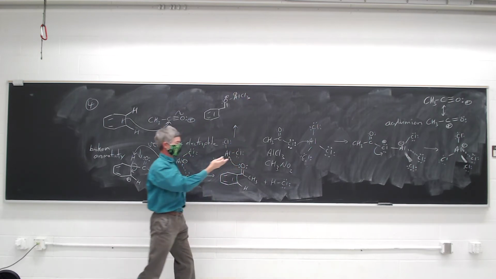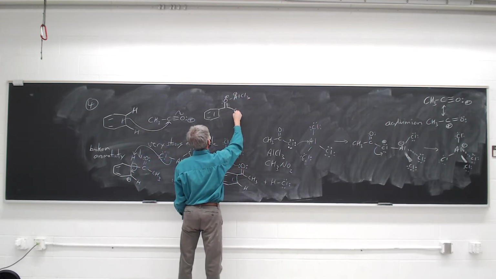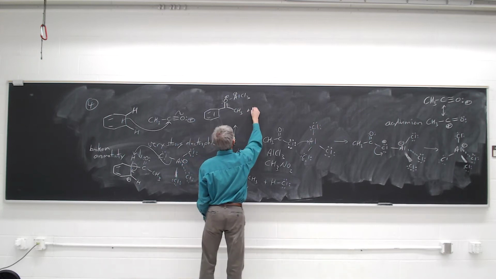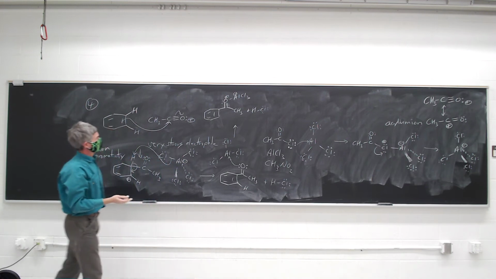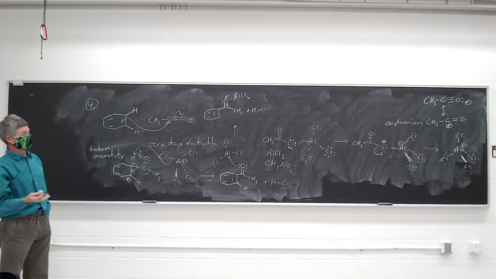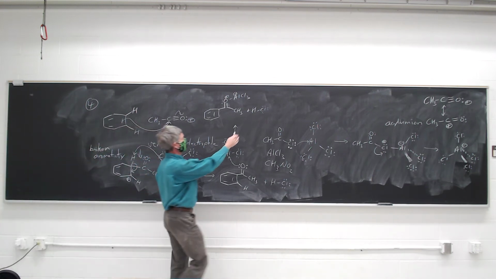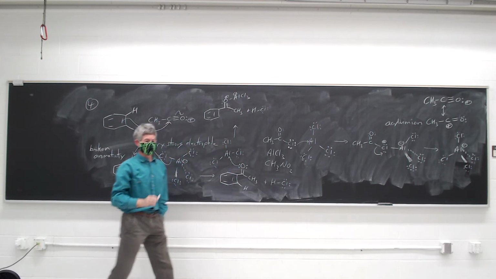I'm not going to show them, I'll just rub them out as Cl3. And that'll stay that way until you work that up with sodium bicarbonate or something, which will then neutralize the HCl and take that aluminum chloride back off.